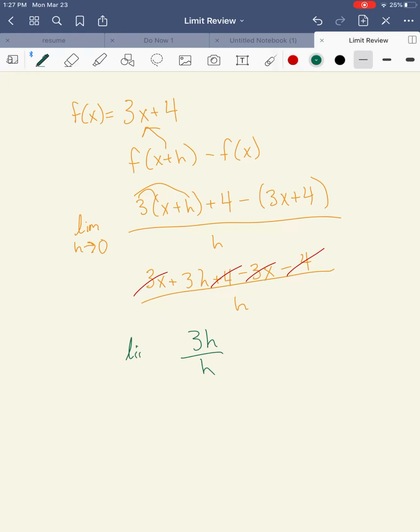And you're finding the limit as h approaches 0. So 3h divided by h, that cancels out and leaves me with just 3. So my gradient expression, my equation for my slope is simply 3.